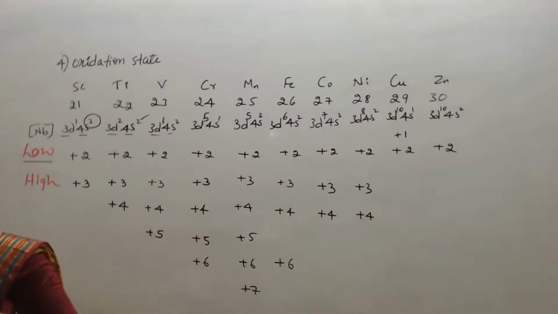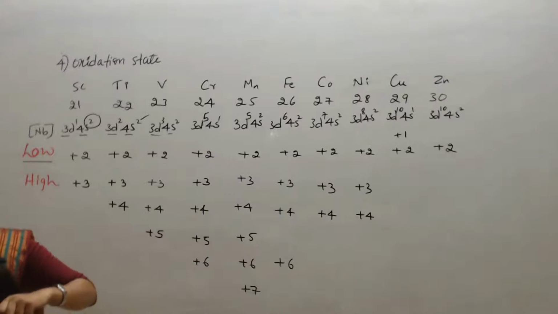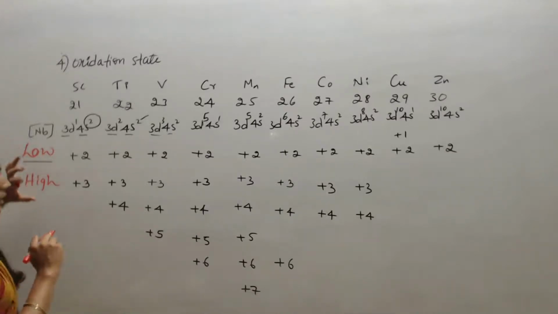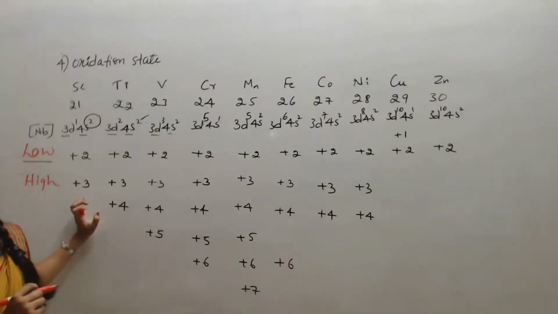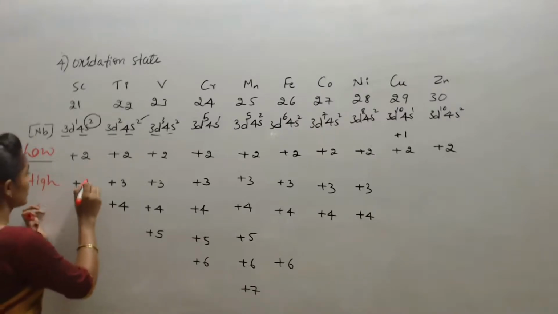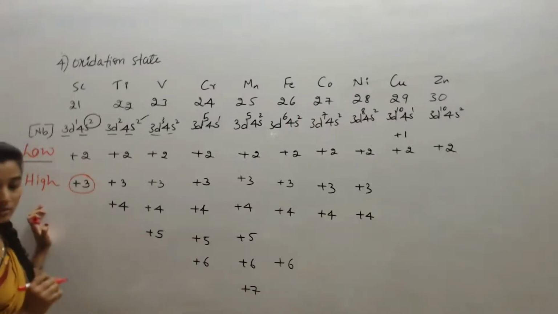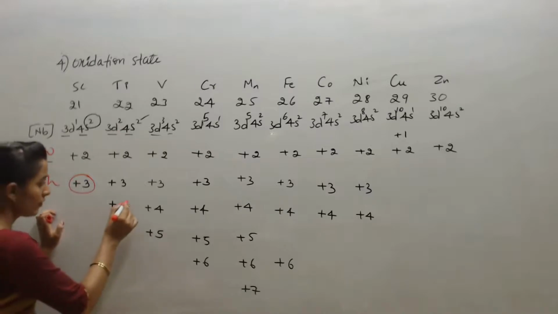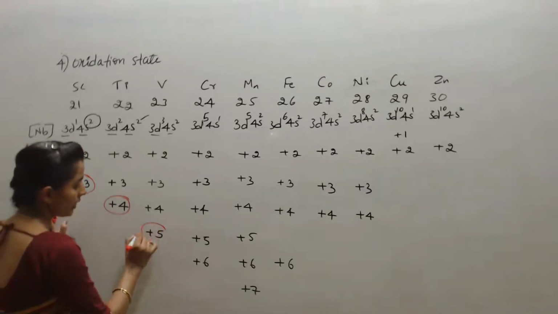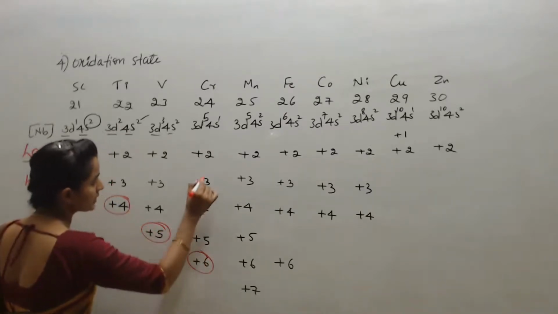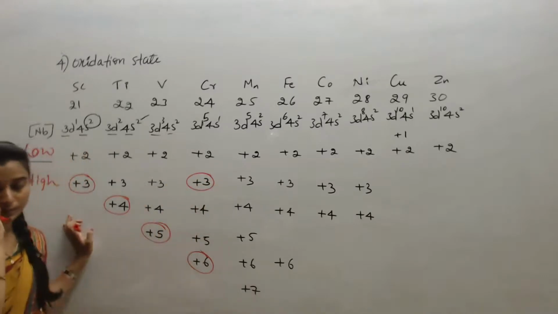stable d5 configuration. So students, in this, I will mark some of the oxidation states here in which they are highly stable. Okay, this is plus 3 state. Okay, for this plus 4, plus 5, plus 6, plus 3.